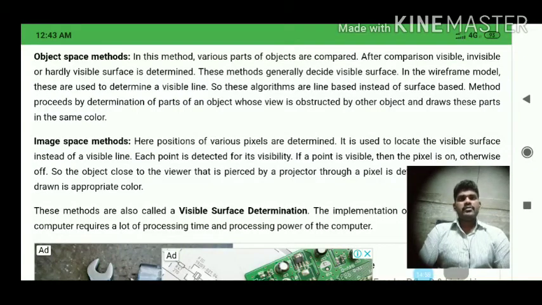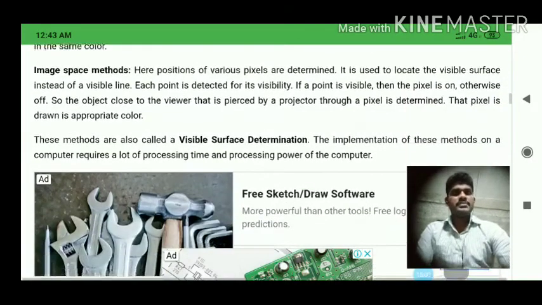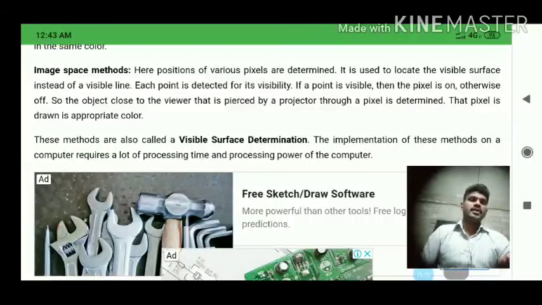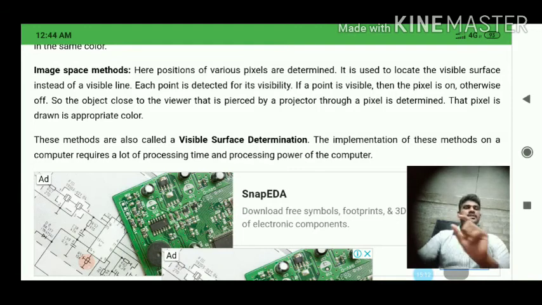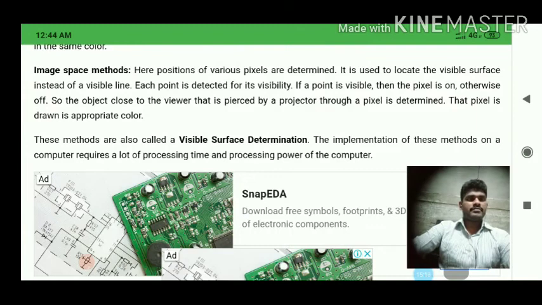The second one is the image space method, which follows the pixels totally on screen in computer graphics, especially on a display screen. Object space method is on the plane, and image space method is pixels on screen in computer graphics.